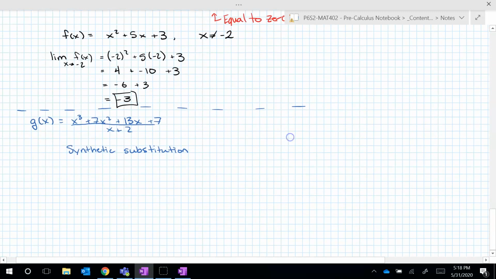I'm going to use the negative 2, the value that would make the denominator be 0 here. My coefficients are 1, 7, 13, and then 7 now instead of 6. If I were to do this, drop down the 1, multiply by negative 2, add down, multiply by negative 2, add down, multiply by negative 2, and I see that I get this remainder of 1, which says that the denominator does not go into the numerator cleanly.